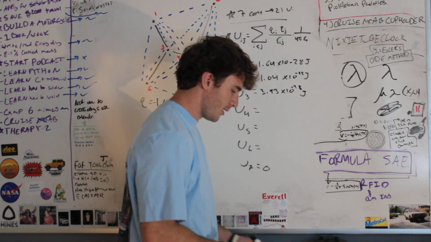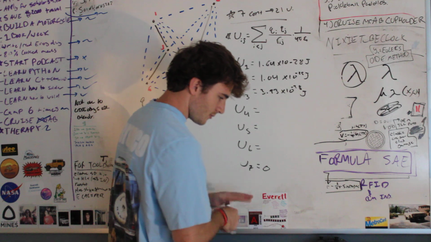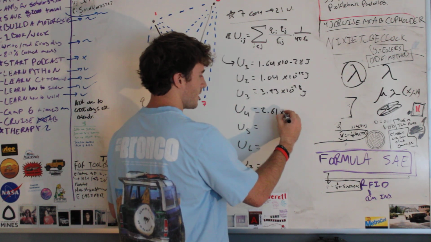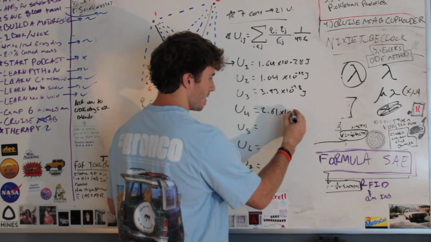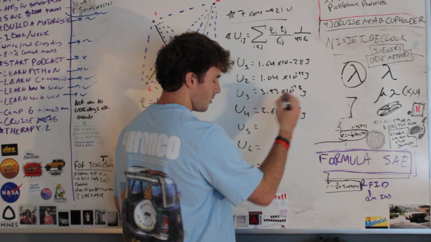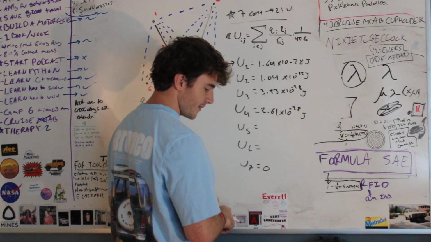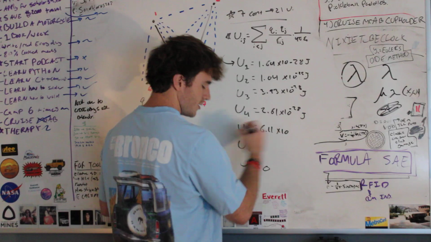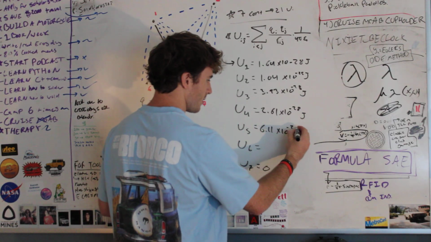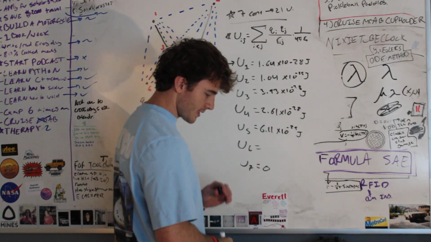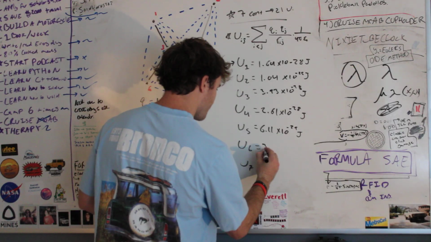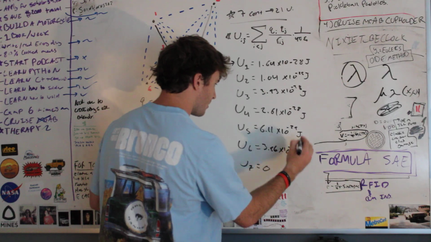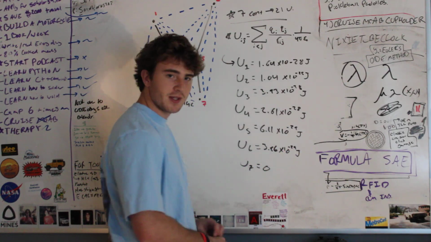For my U sub 4, I got 2.61 times 10 to the negative 28th. And then for my U sub 5, 6.11 times 10 to the negative 29th. For my U sub 6, 3.96 times 10 to the negative 29th. U sub 7 is 0.